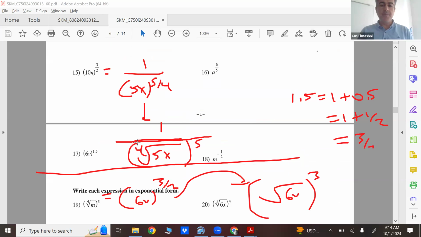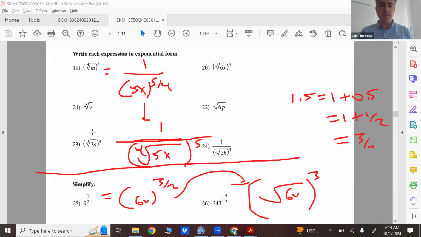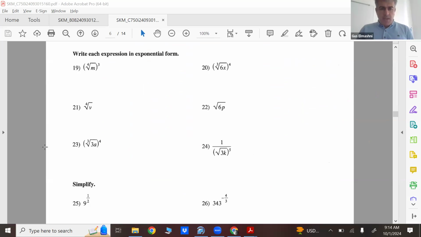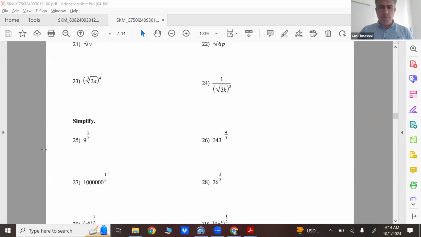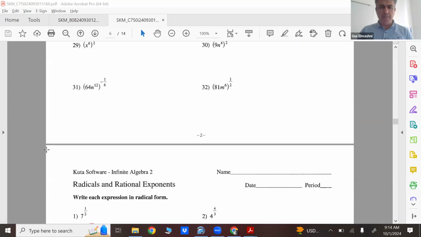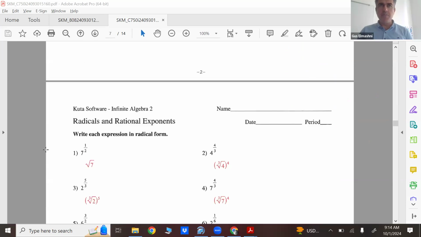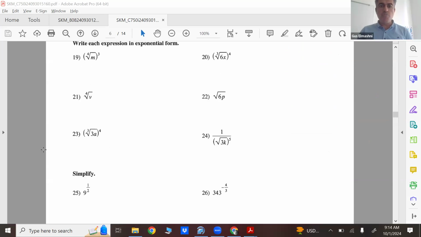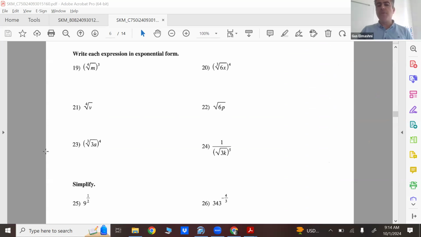Okay, let's keep moving. Actually, let's just move on because I want to go to the other packet. I think you guys get the idea. Okay, let's do 19 or 23, and then we'll move on to the next set. So m raised to what power?